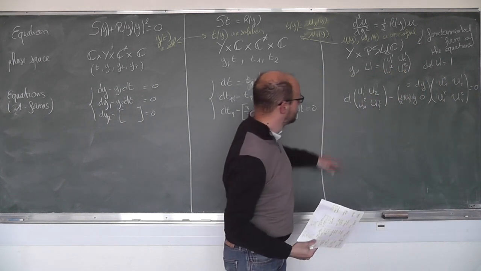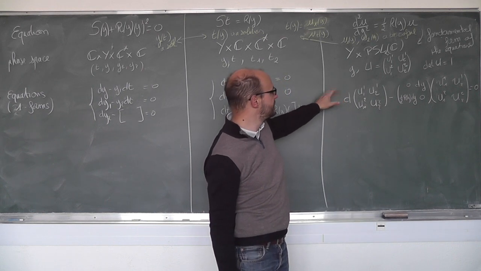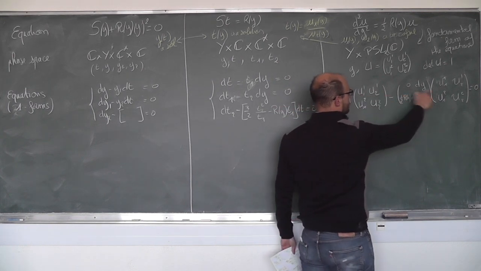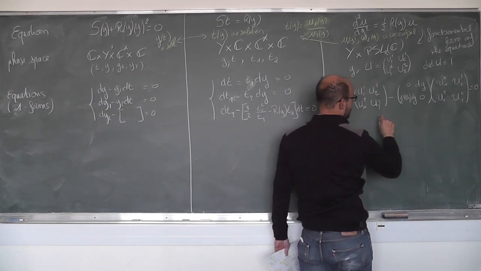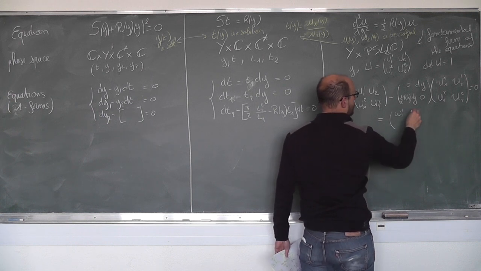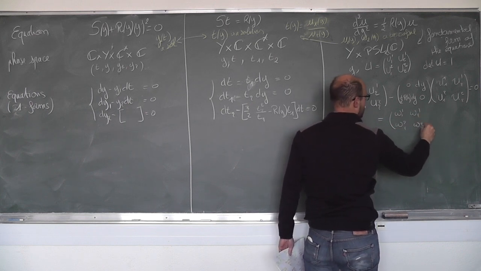So you have the matrix form of this equation. If you write this as a matrix form, you have the form here, the form here, another one here, and the last one here.